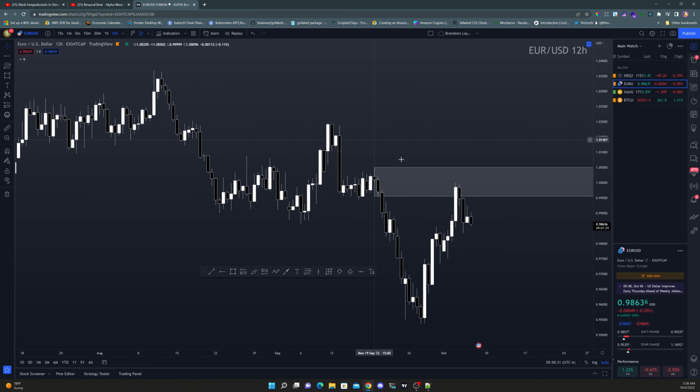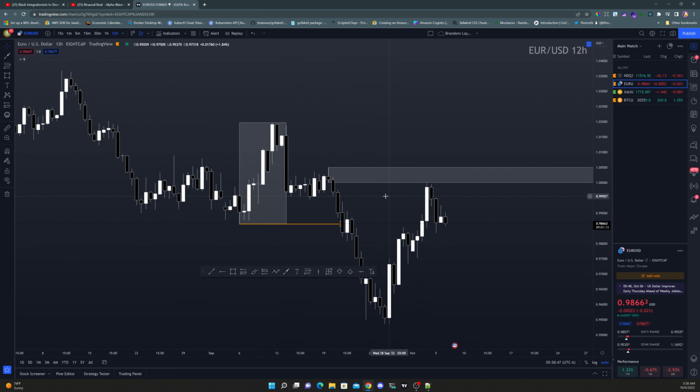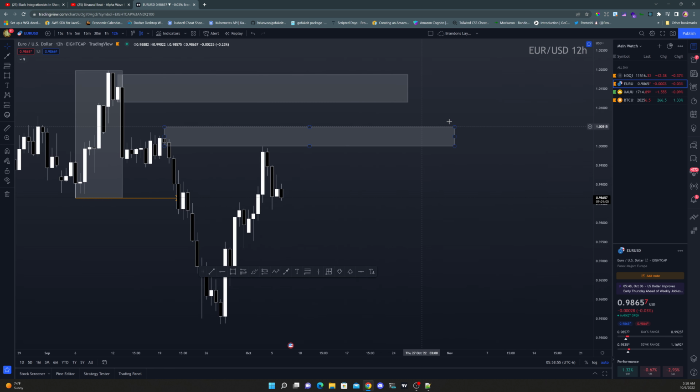Hmm. Yeah, we're up in the zone right now, so we could see this. We saw this MB validated by this breaker structure here. So we could see that, or we could see it come a bit higher and mitigate that.